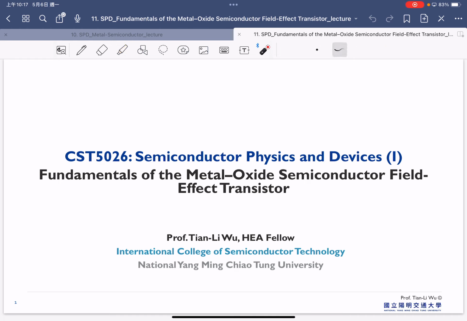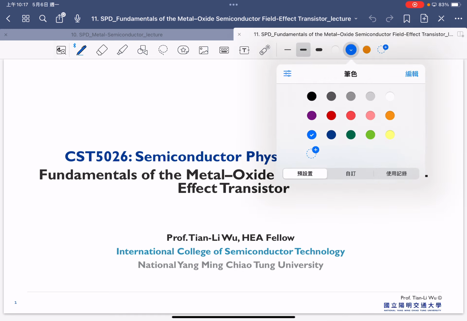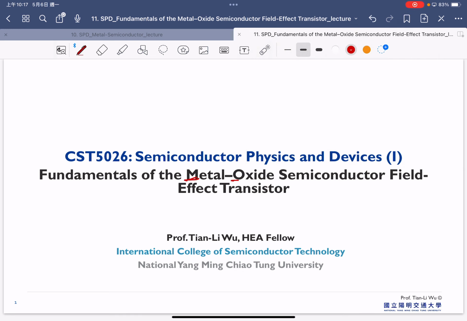So these are the fundamentals for the Metal-Oxide-Semiconductor Field-Effect Transistor. That's why we call it a MOSFET.